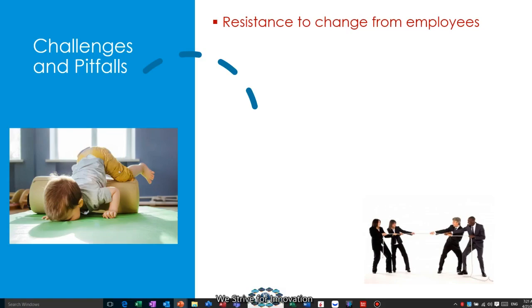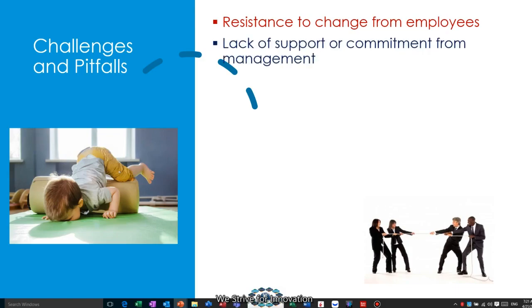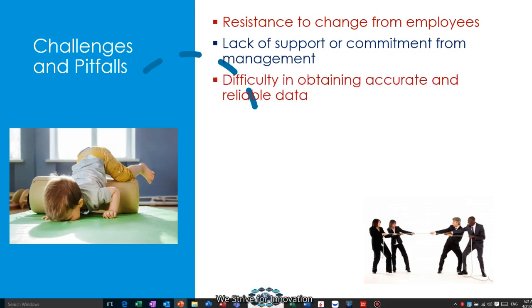Or you have a commitment from the people, but you don't have a commitment from management, which is very important because they are the ones who will dedicate the time and the money to do this kind of analysis, which will take time. And another will be difficulty obtaining information because nobody wants to cooperate, because you need good data on which to base your analysis.